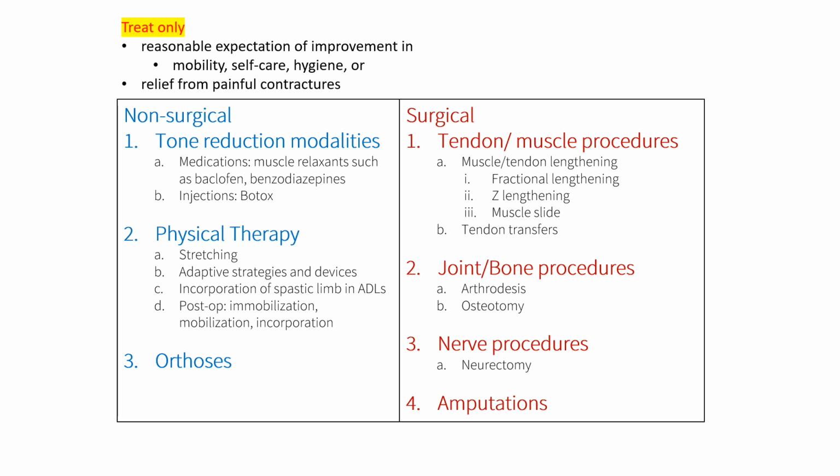Surgical treatment, apart from deformity correction with tendon and muscle procedures, we also do arthrodesis for stabilization, and most importantly, in early cases and in selected cases, we perform selective neurectomy. Occasionally, we have conducted amputations.